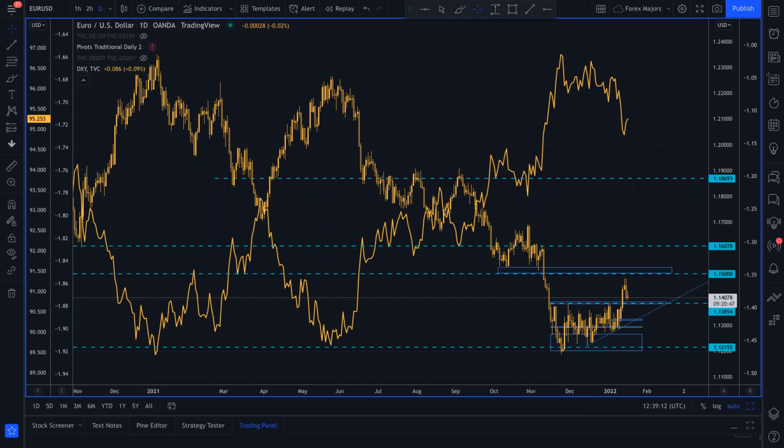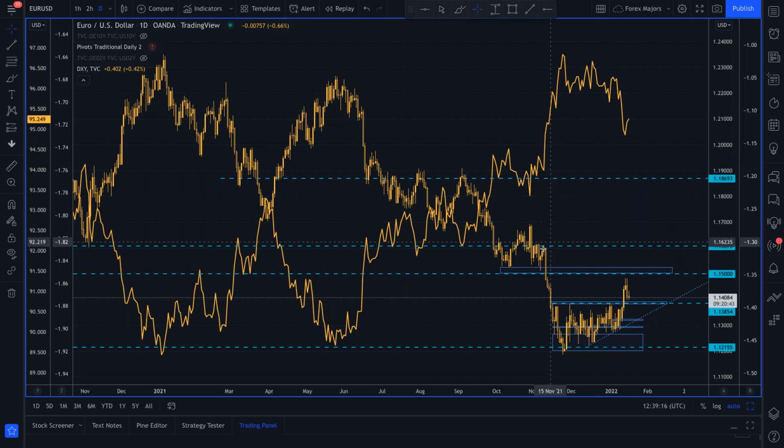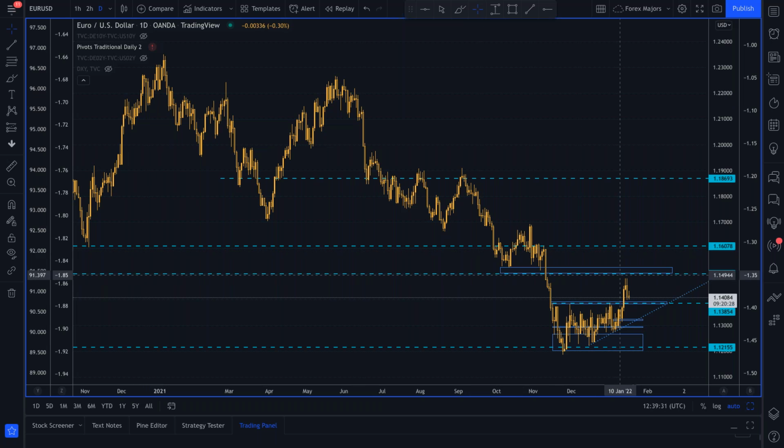It's due to the amount of euro weighting the dollar index has. In other words, when the euro-US dollar falls, the dollar index rises. When the euro-US dollar rises, the dollar index falls. So if you're trading the euro-US dollar, really what you're trading is what you think is going to happen to the dollar.